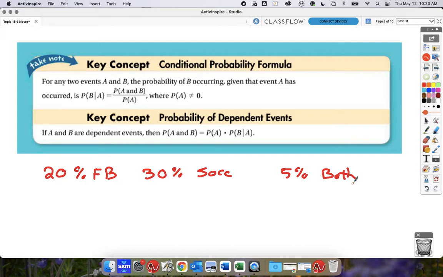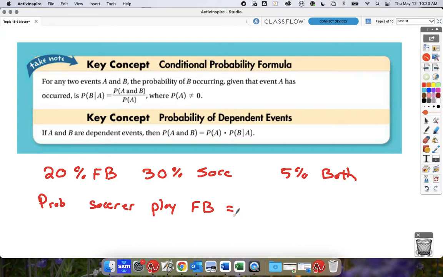So if I want the probability that a soccer player plays football, could you calculate that? What do they have to be?